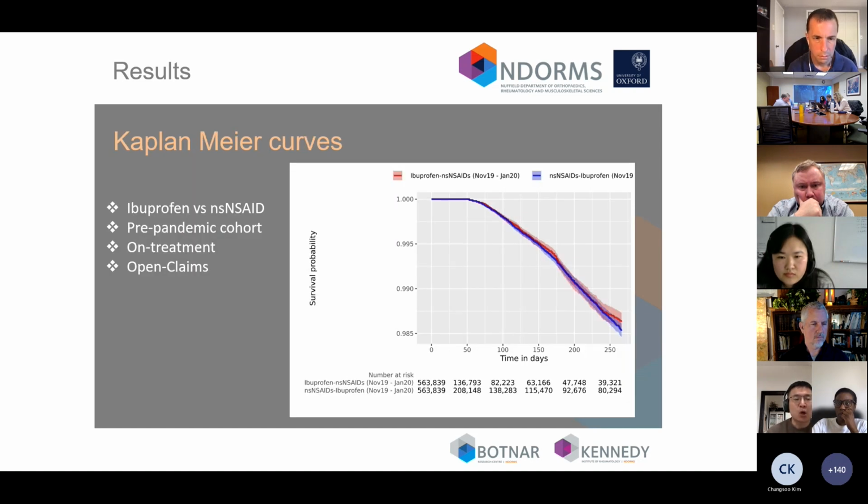Here is an example of the survival curve for the comparison of ibuprofen with other non-selective NSAIDs in the pre-pandemic cohort during the on-treatment period, based on the open claims databases. This largely overlapping curve suggests a similar risk of COVID outcomes between the comparison groups.